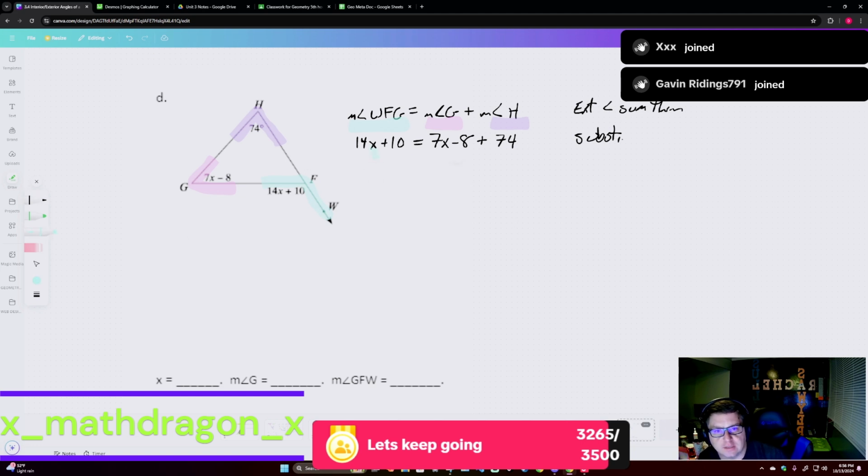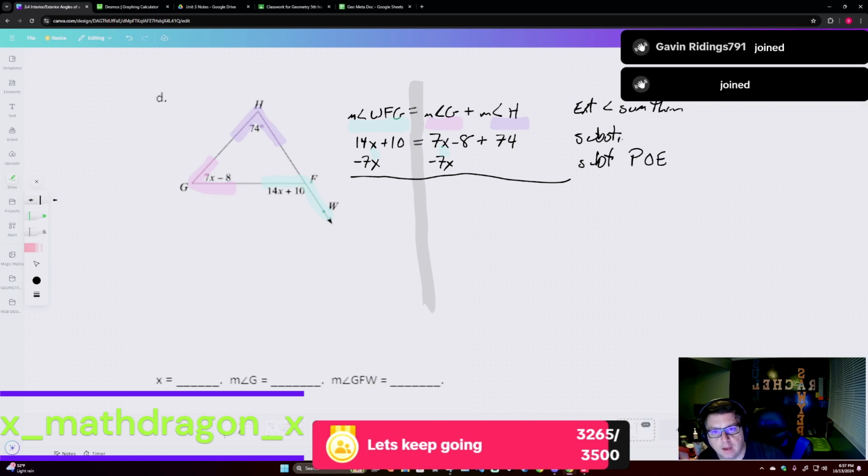So if we have an x on this side and an x on this side, remember our highlight goes down the middle, equal sign. We've got to throw them all on one side. So what I want to do is subtract 7x from both sides. That's subtraction property of equality. The reason I want to do that is because I won't have to deal with negative numbers.